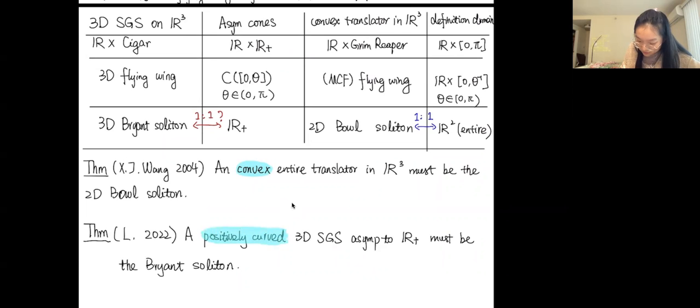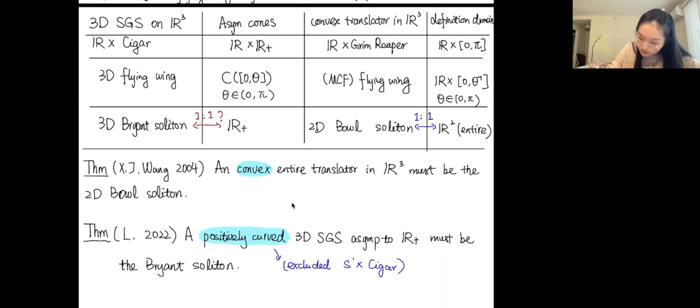As we said before, every static gradient soliton is non-negatively curved, and here we assume it is positively curved just to exclude the possibility that it is a quotient of R cross cigar.